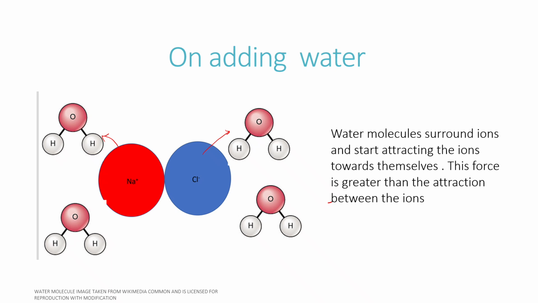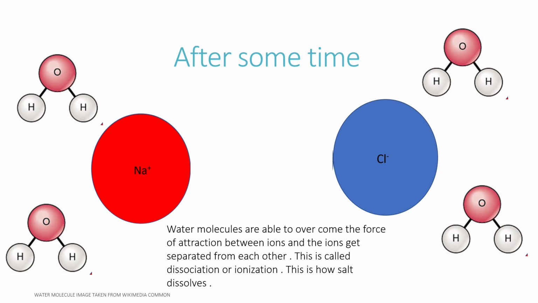So when the sodium chloride unit is surrounded by water molecules, these water molecules start pulling the sodium and chloride ions apart. And after some time, these forces of attraction between the water molecules and the ions are able to overcome the electrostatic force that exists between the sodium and chloride ions. As a result, you are able to obtain the ions independently from each other.